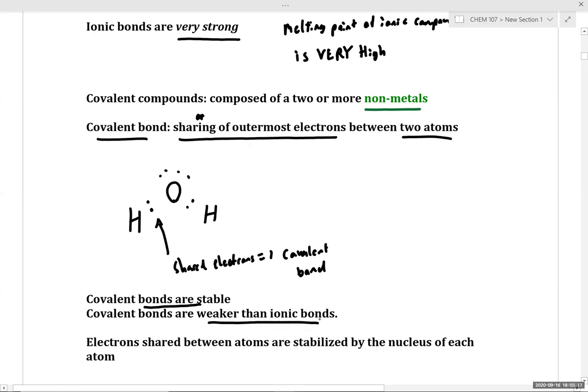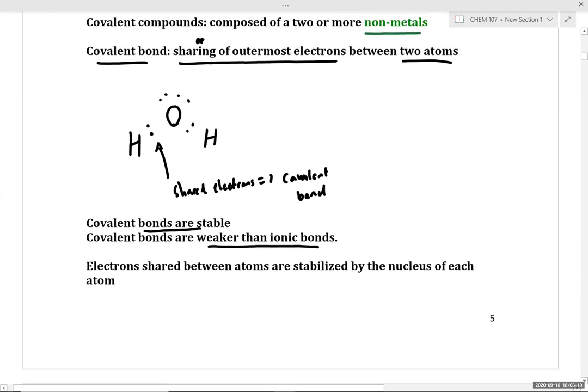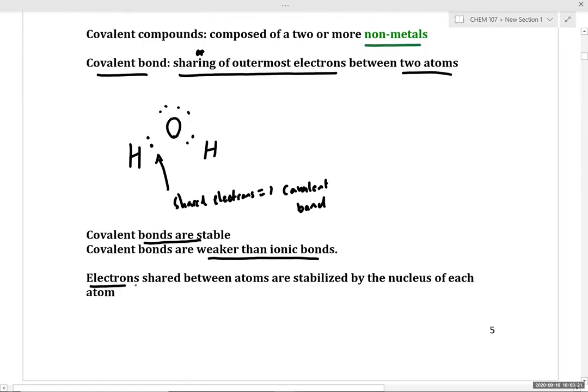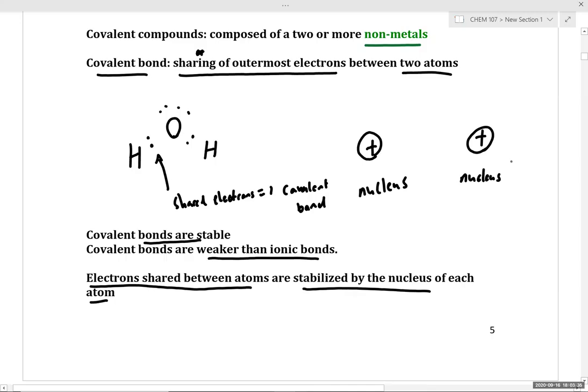The reason why a covalent bond is stable at all is that electrons shared between atoms are stabilized by the nucleus of each atom. So if we have the nucleus, which is primarily just a ball of protons and neutrons, and we have our electrons, these are our shared electrons, these are our bonding electrons.